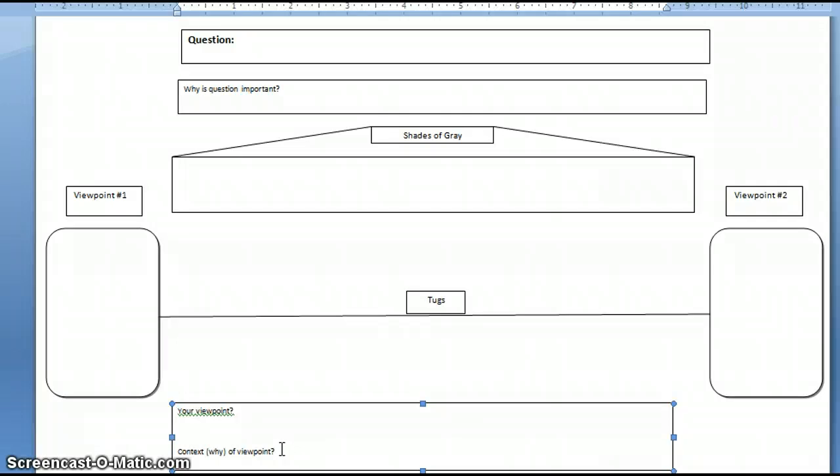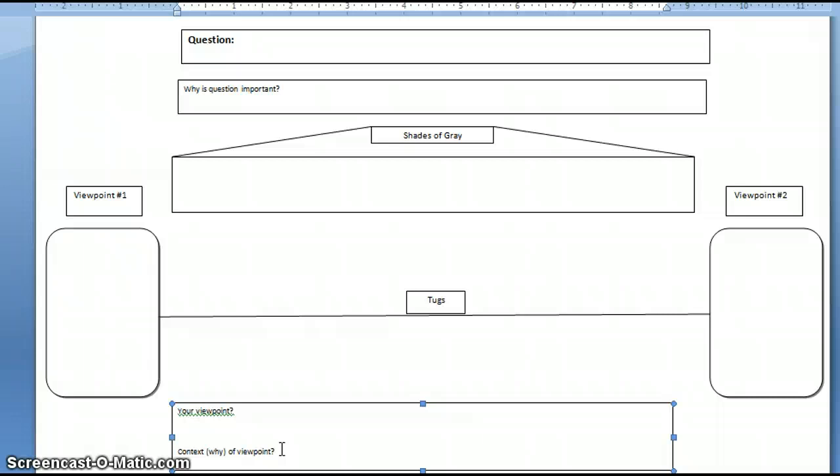You're going to have to describe why you feel the way you do. What is your context? What about your past, maybe your age, your gender, your experiences, your academic background, your political beliefs, your religious beliefs? What about you pulls you towards that viewpoint?